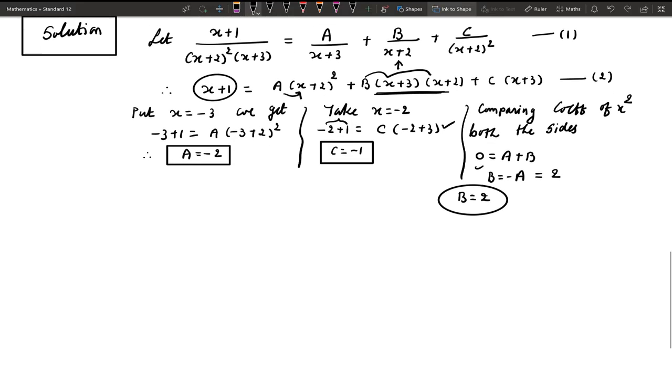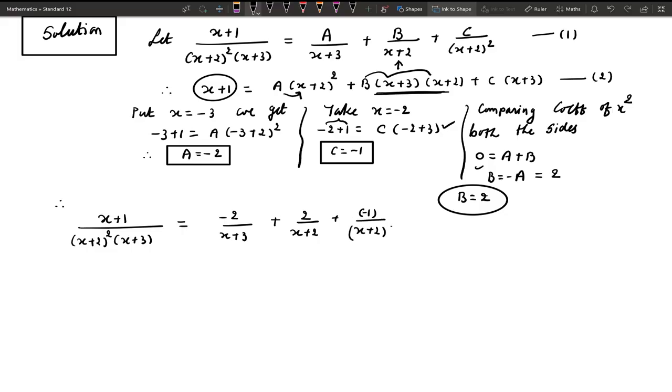So now, therefore, x plus 1 upon x plus 2 whole square into x plus 3 equals, on the right hand side, a is minus 2 upon x plus 3, b is plus 2 upon x plus 2, and c is minus 1 upon x plus 2 whole square.